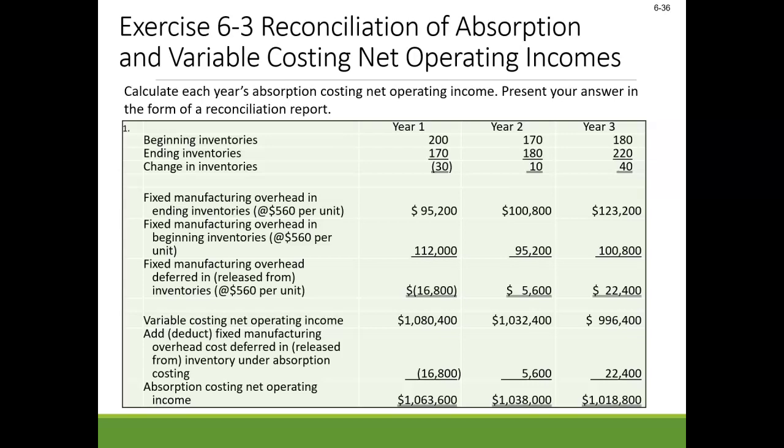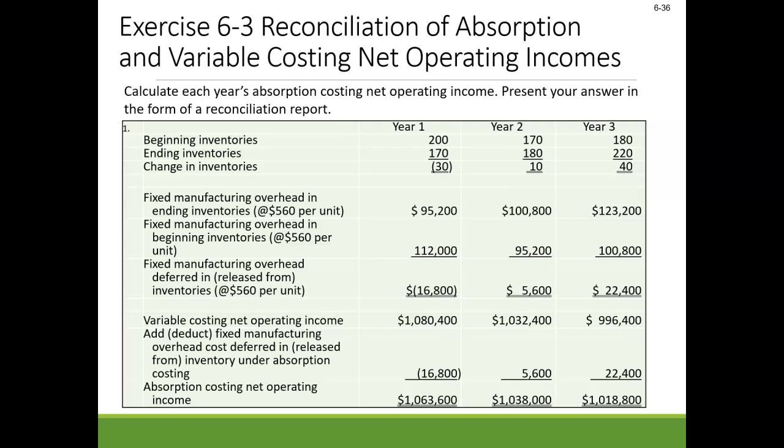Our fixed manufacturing overhead, if we're sitting at $560 per unit, sitting in ending inventory, we take our 170 units at that 560, or in year 2, the 180 times 560, or the 220 times 560, we get our ending fixed manufacturing overhead.